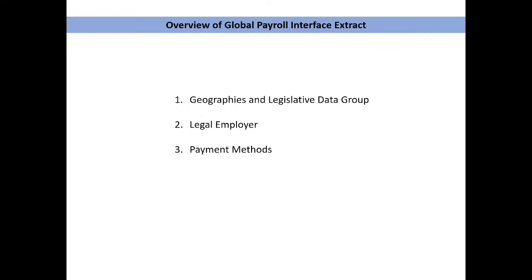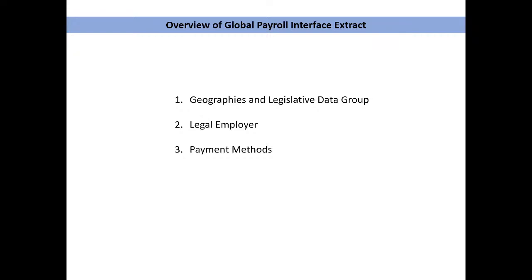For the countries that support a calculation card, if you copy the delivered GPI V2 into the country's LDG, you can get both global and country data including the calculation card. If the country does not support a calculation card, only global data is extracted with the country specific name, address and bank account formats.